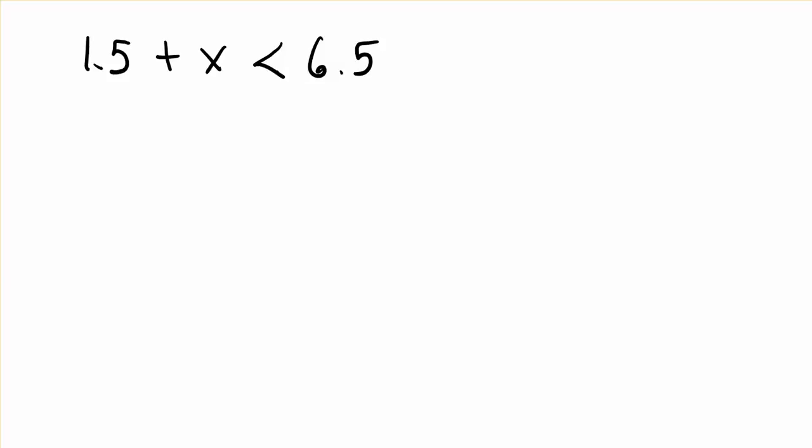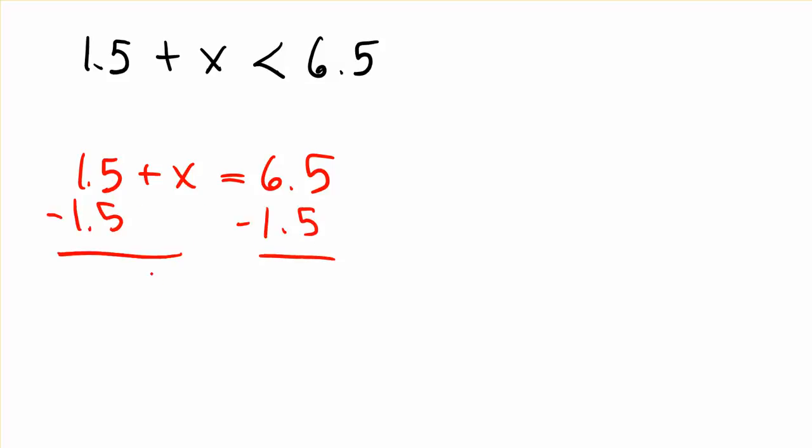So if this were an equation, what we would do is write 1.5 plus x is equal to 6.5. Then we would subtract 1.5 from each side, and we would end up with x is equal to 5. So if this were an equation, you would have one answer, x equals 5.